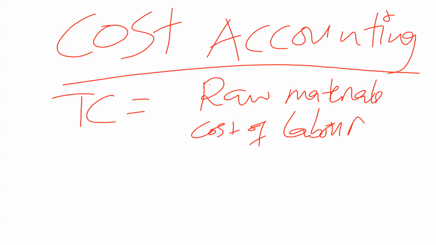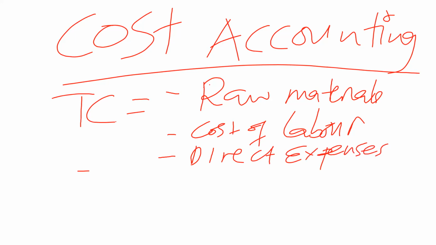So there is the cost of labor. At the same time, we know that there is the cost of direct expenses. So you cost direct material, direct labor, and direct expenses.